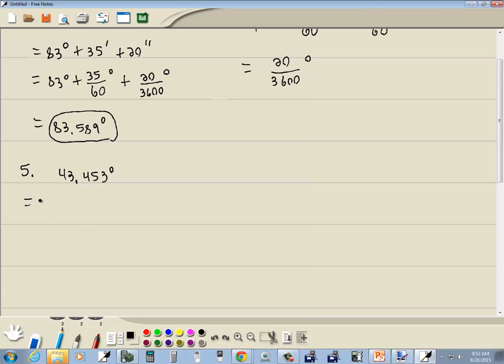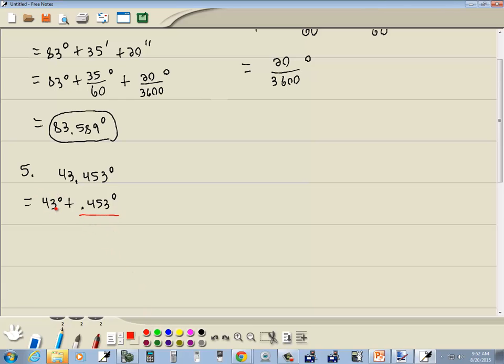Well, I can rewrite this as 43 degrees plus 0.453 degrees. What you want to do is you want to always split up the whole part separate from the decimal part. So then this is the part I'm going to work with.